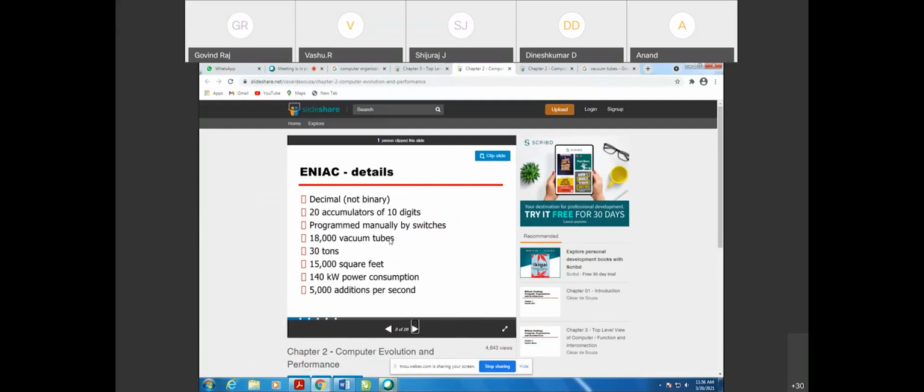And the entire weight of the first computer goes up to 30 tons. That 30 ton computer with 18,000 vacuum tubes took around 15,000 square feet approximately, a big hall size space.